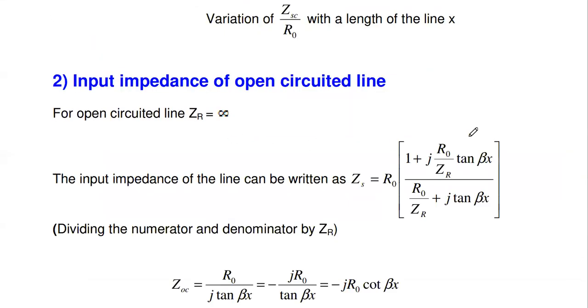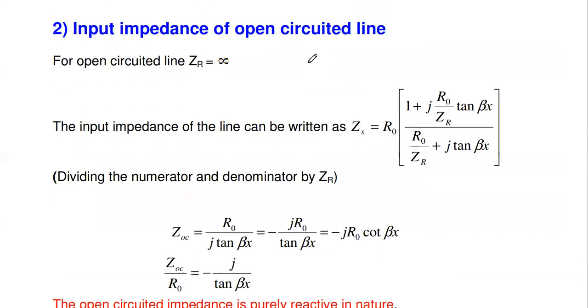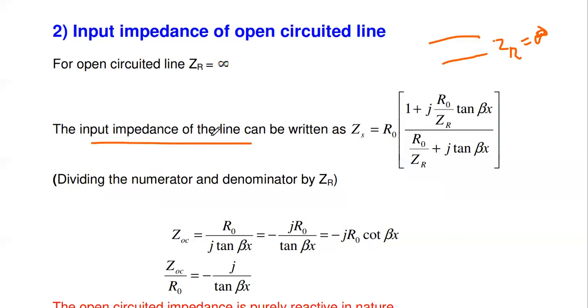Then similarly, we are going to derive the input impedance of the open circuited line. For an open circuited line, at the receiving end the transmission line is open circuited, which means the ZR value is equal to infinity. So substituting this ZR value of infinity in our input impedance of dissipationless line, already you know the formula.